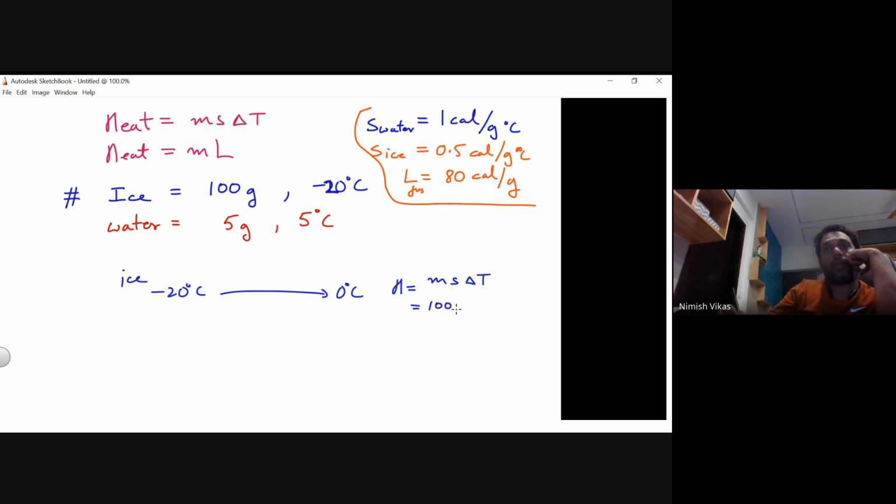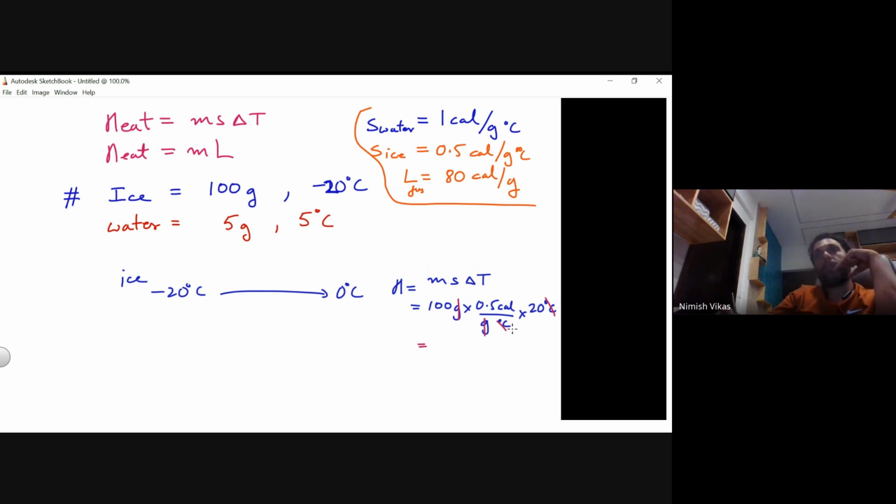We'll do m s delta t. That's 100 grams multiplied by the specific heat, 0.5 calories per gram per degree Celsius, and the change in temperature is 20 degrees Celsius, right? So degree Celsius and gram get cancelled, we are left with calories.